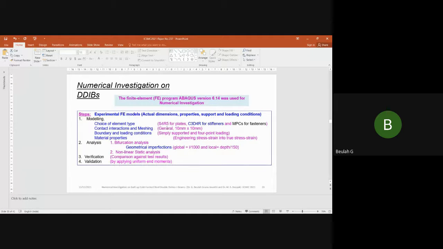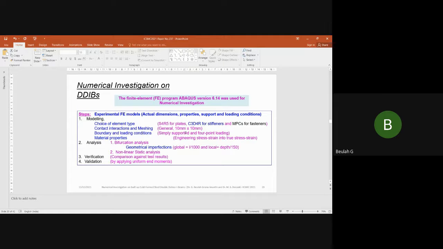So here, the study involves numerical observations of these double-decker I-beam sections, for which Abaqus was used. In the modeling, we have used S4R5 plates, and the stiffeners are modeled with C3D4R, which is used worldwide. For the meshing patterns, we have tried only 10 cross 10, because it runs for hours.